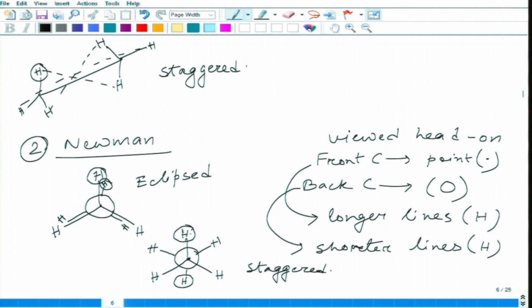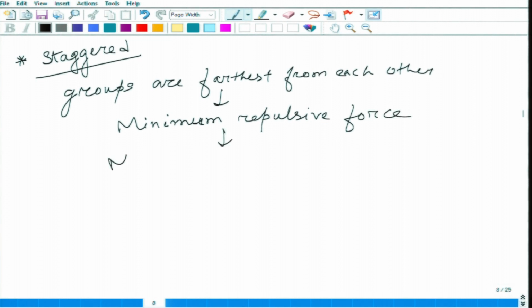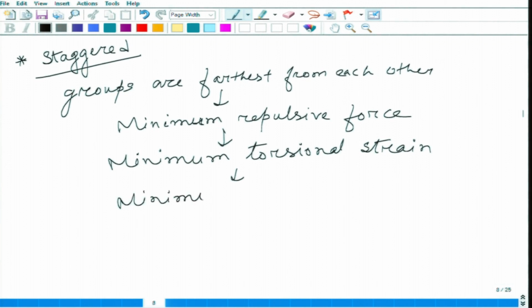Also, these hydrogens are also far away. So, staggered conformation has minimum repulsive force. So, of course, minimum torsional strain. So, minimum energy, and we know minimum energy means the stability will be high stability.